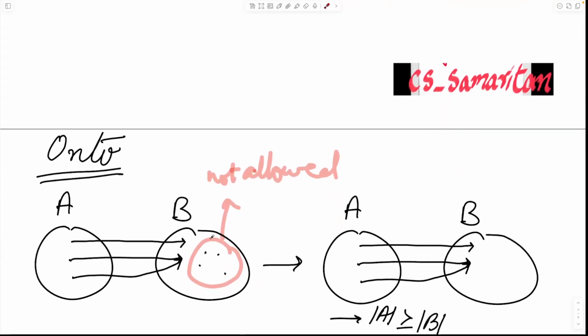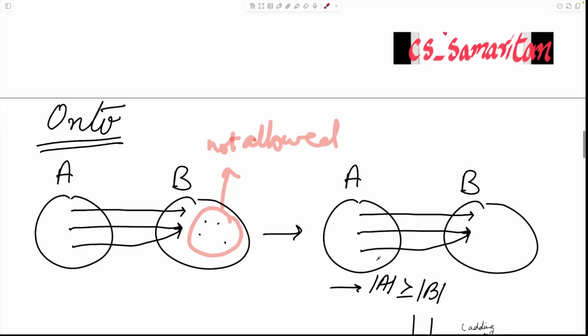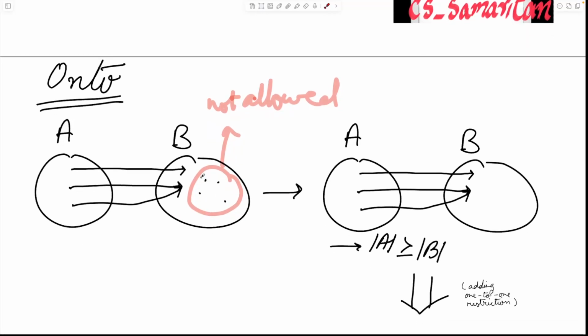Then there is the onto function concept. In an onto function, these extra elements of B are not allowed. But nothing is said about the overlap, so overlap can exist. As you can see from here, there are 3 elements in A and 2 elements in B, and there are no excess elements present.